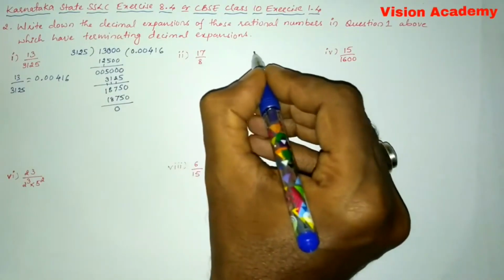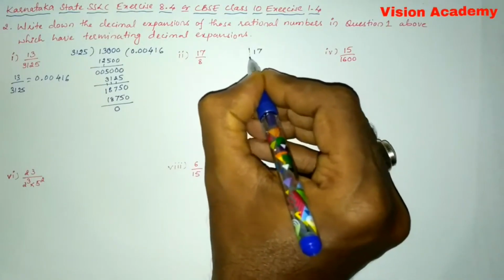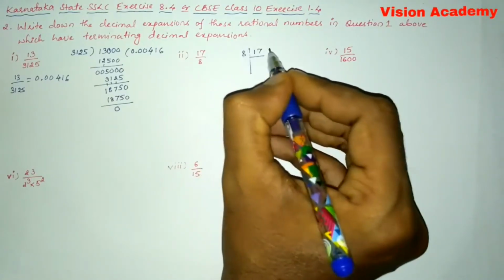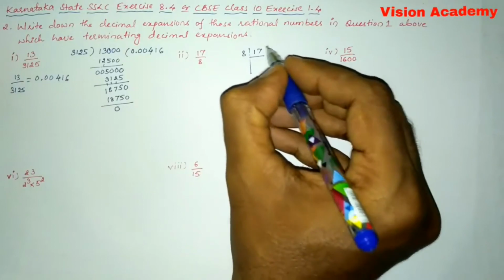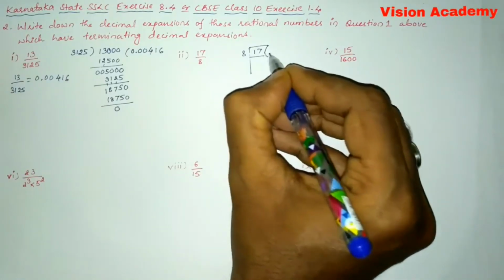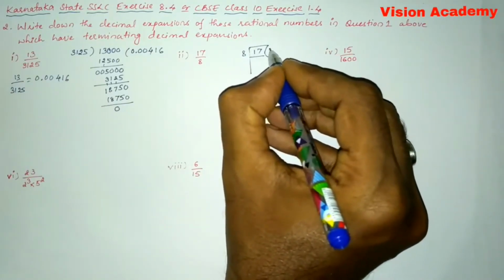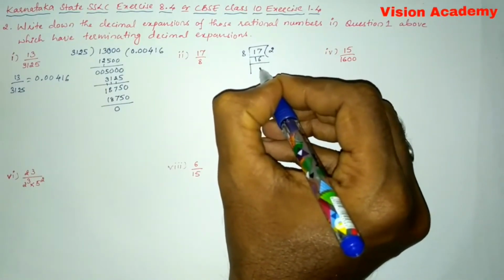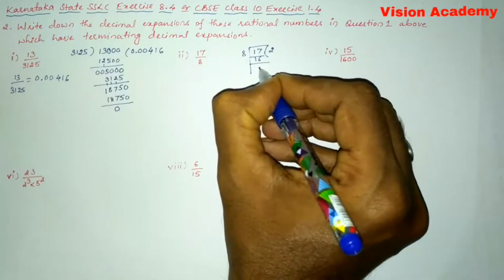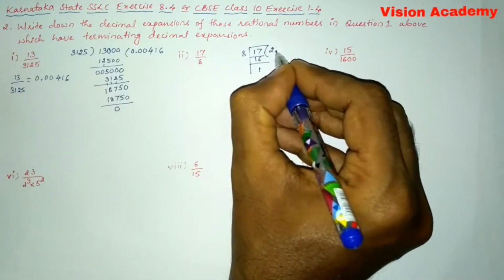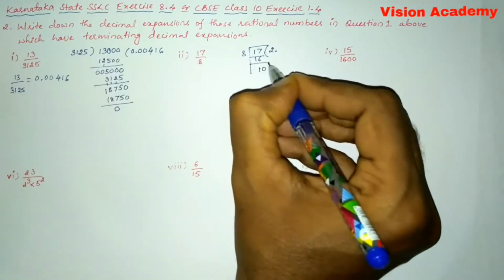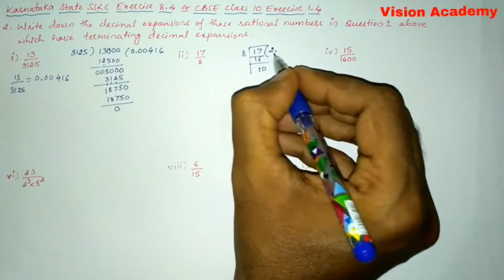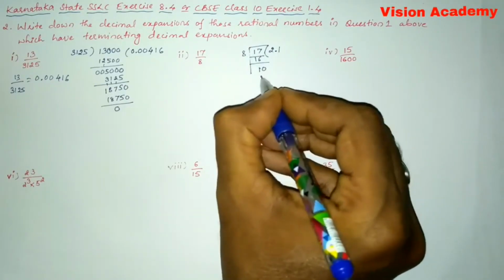Now let us move on to Roman number 2, that is 17 by 8. Let us divide 17 by 8. So here we will write 8 2s are 16. So here we'll get 1. So that is 1, and let us take point. So here we are going to get 10. So now it is 8 1s are 8.